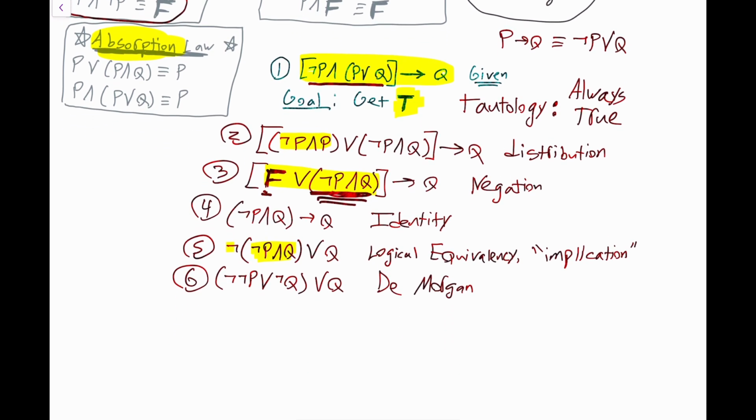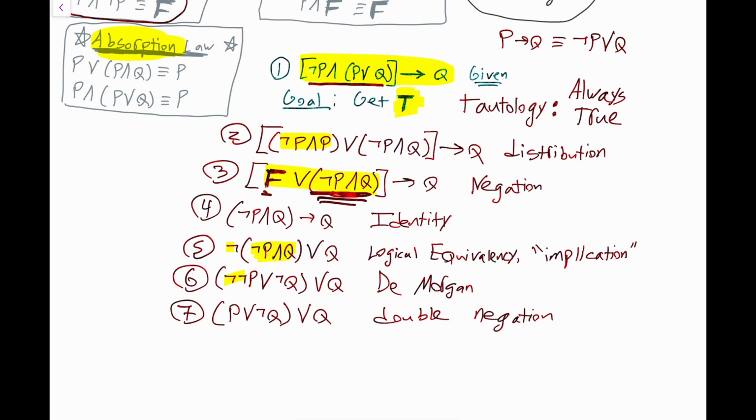We have these double negatives, so let's just clean this up. For 7, we'll get parentheses, P or not Q, close parentheses, or Q. And that's because we have a double negation. So we have P or not Q or Q. The parentheses doesn't really matter, so we can move those however we like.